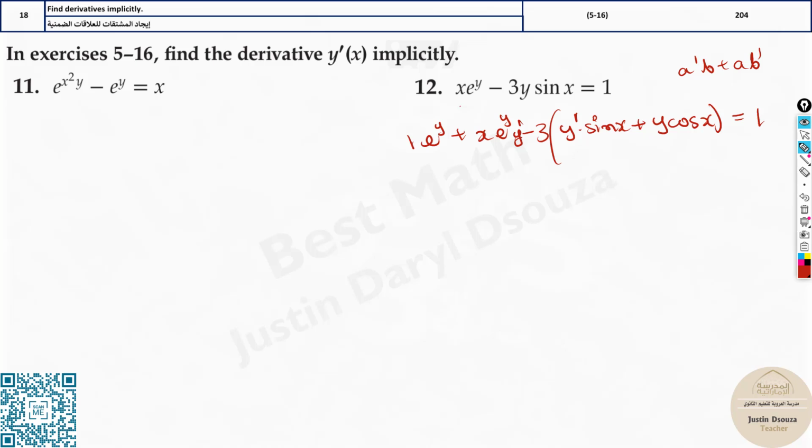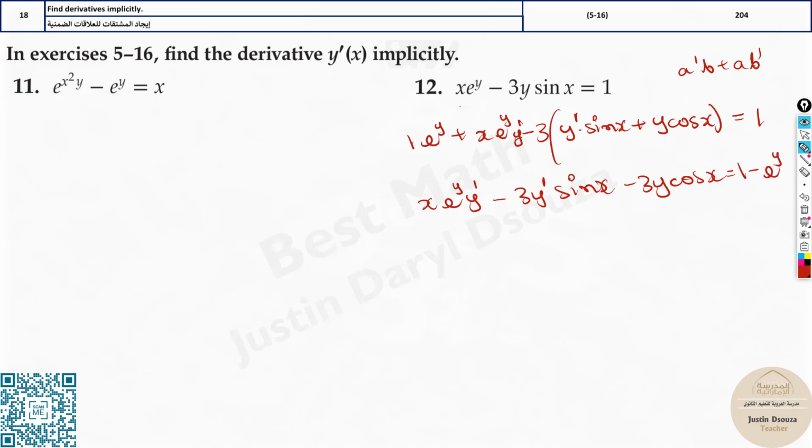Now here I'm gonna remove this term to the other side because there is no y prime. I'll just leave this x e^y y prime term, and then I'm going to multiply this minus 3 inside here. It's going to be minus 3y prime sine x, and this is again minus 3y cosine x, equals 1 minus e to the power y. Why?